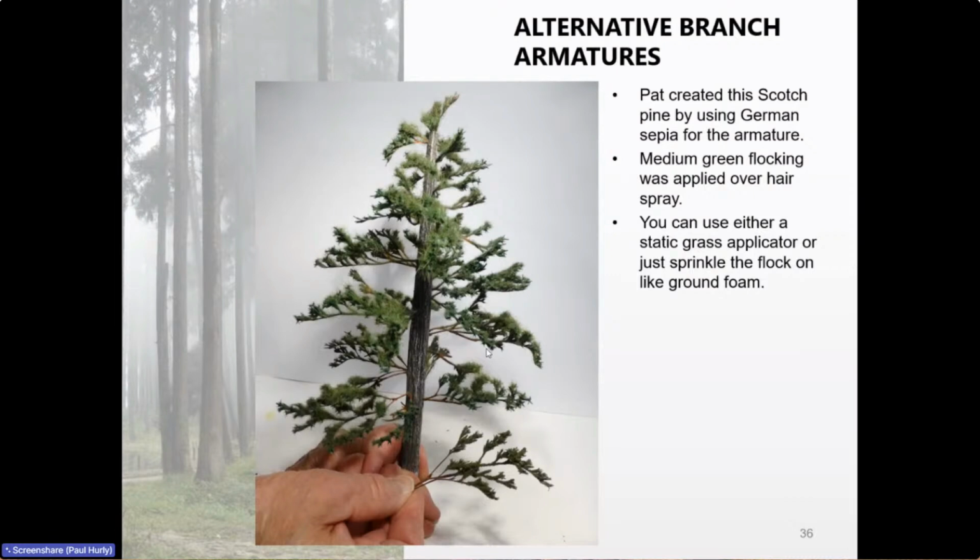The armature is much stronger, much tougher, and a lot pricklier. With this stuff, I drill a hole straight on and then put these stems straight out. And the stems are a nice dark brown color. I found that the same application with the hairspray, and then flocking it, not doing ground foam, but flocking it, gave it a better effect. And it looked more realistic as a Scotch pine tree.